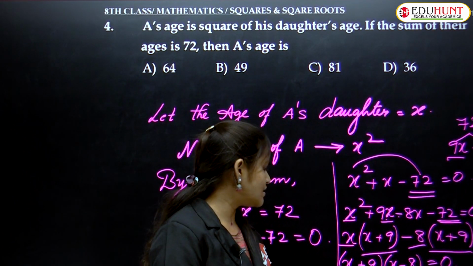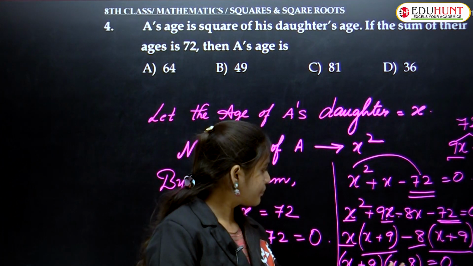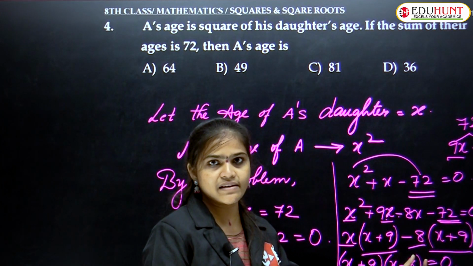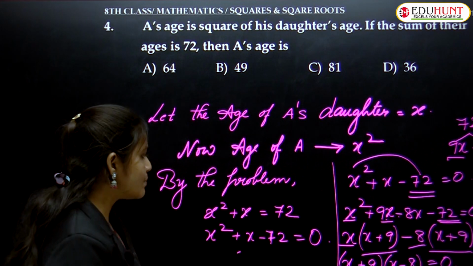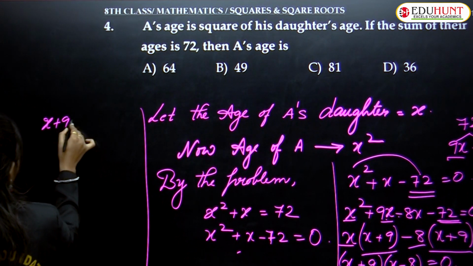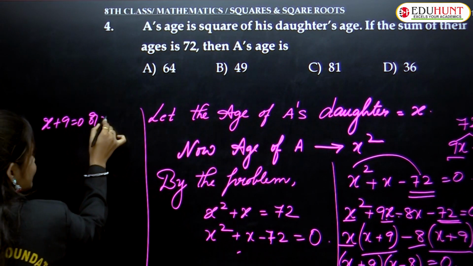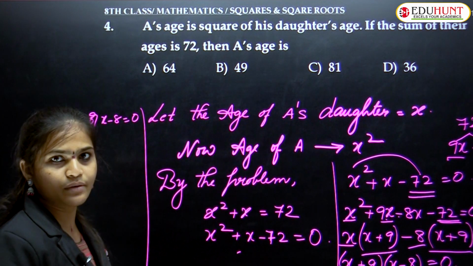If x is some other value like 1, then 1 plus 9 is 10 and 1 minus 8 is minus 7, so you will not get 0. That's why either x plus 9 is 0 or x minus 8 is equal to 0.